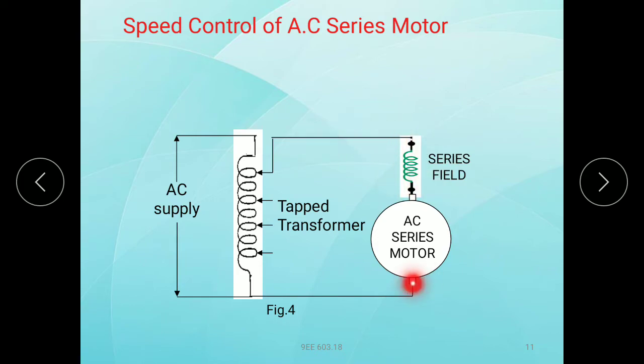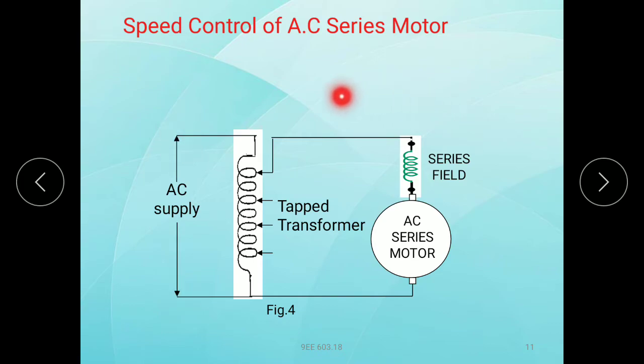So this motor is connected to the auto transformer or tapped transformer. This transformer is connected to the AC supply.